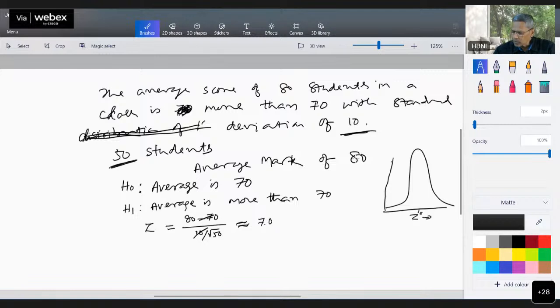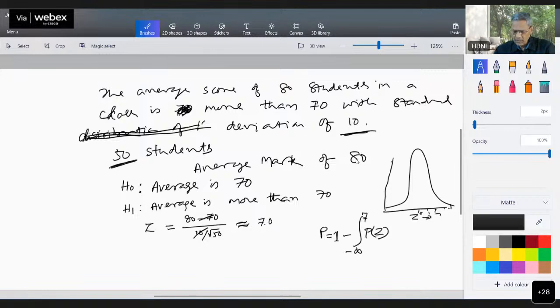Suppose 0, 1, 2, 7 means you integrate P(z) from minus infinity to 7. Instead of minus infinity to plus infinity, you only integrate up to 7. That is your Z value. So this will give you the probability. Then your probability will be, of course, 1 minus this value.